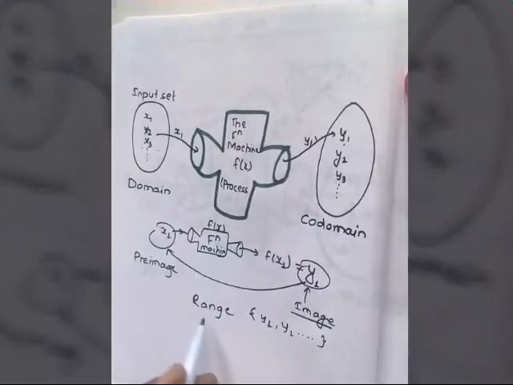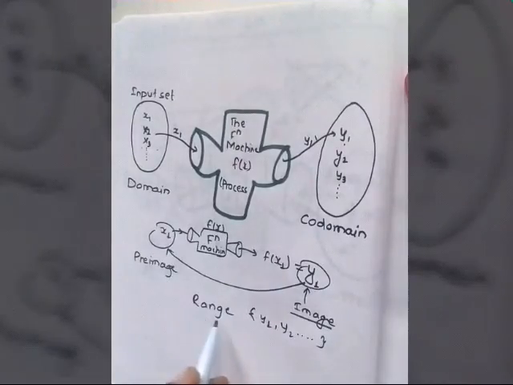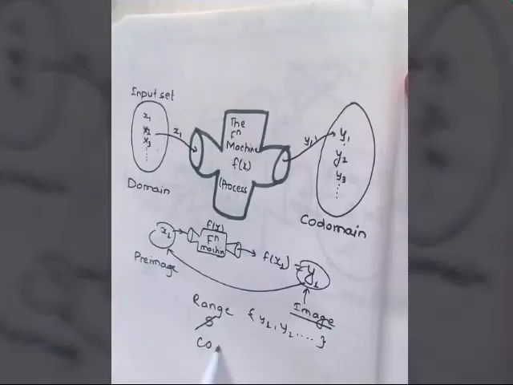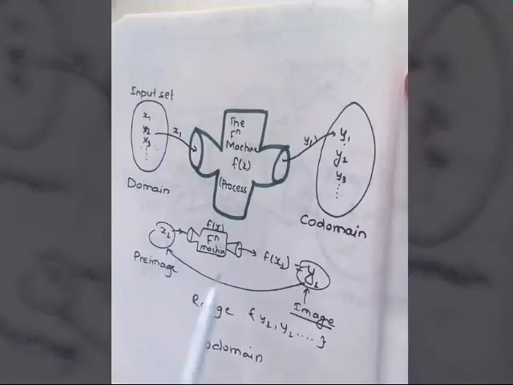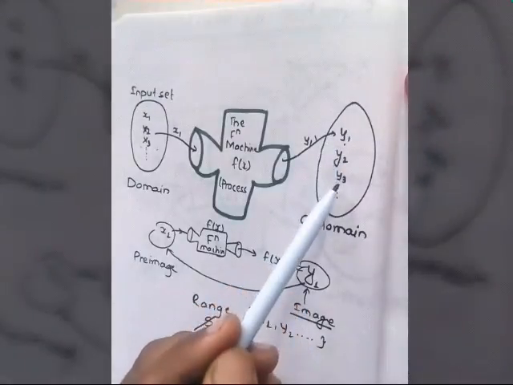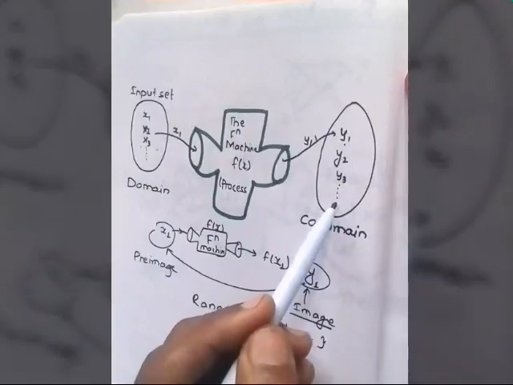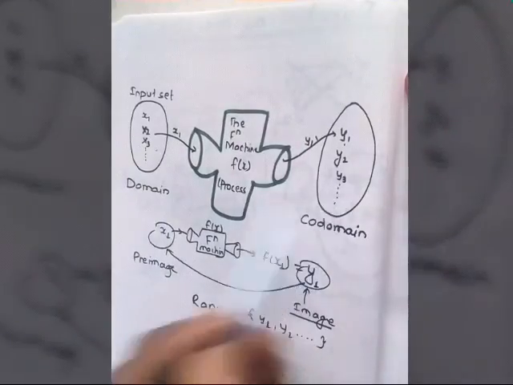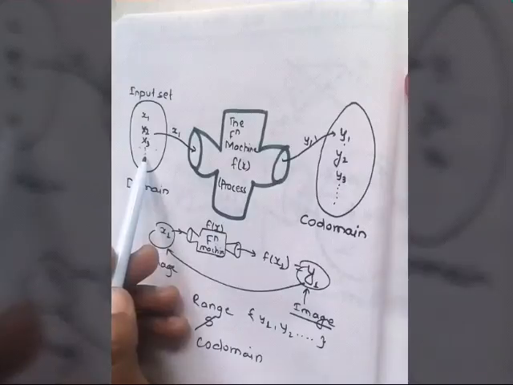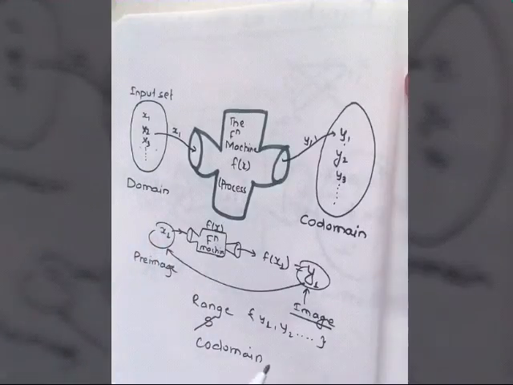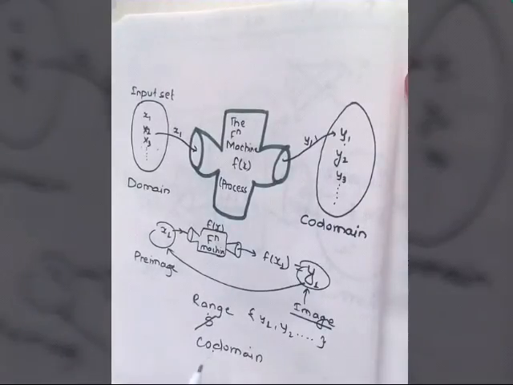Now there is a difference between the range and codomain. Though they are similar, they are not exactly the same. In our above example, there could be a certain value over here which has no association with the input set. If that is the case, range and codomain will not be the same.